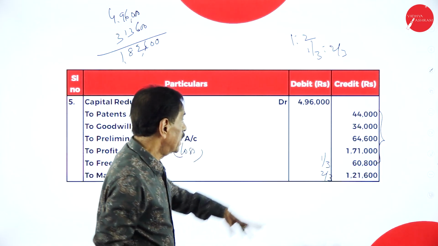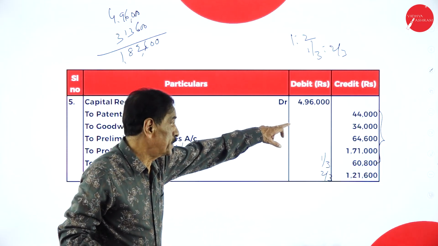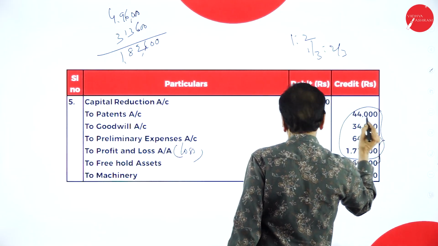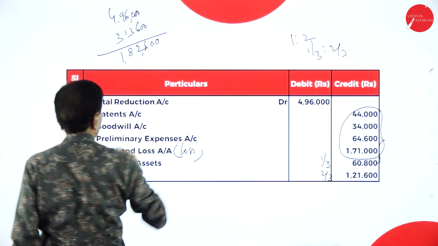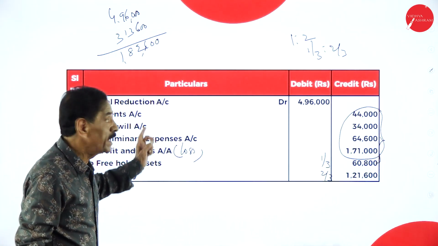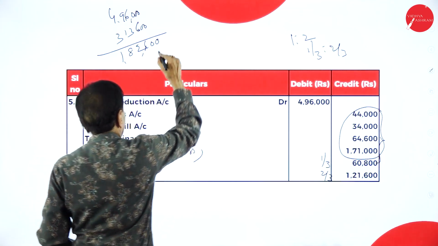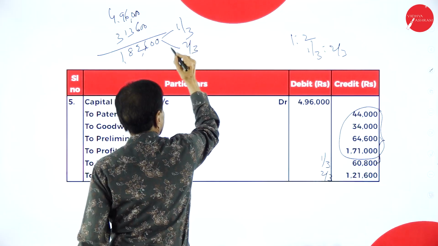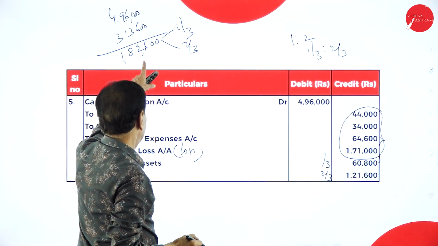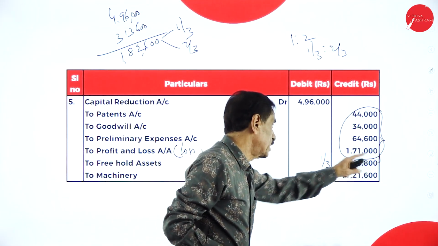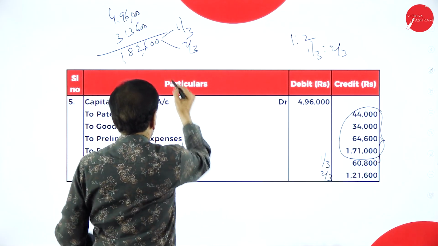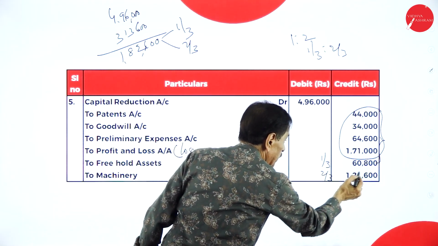So the total amount available is 4,96,000. How much has been utilized for this? 3,13,600. How much is available? 1,82,400. This should be shared in the ratio of 1 by 3 and 2 by 3. 1 by 3 of 1,82,400 is 60,800. Then 2 by 3 will be 1,21,600.